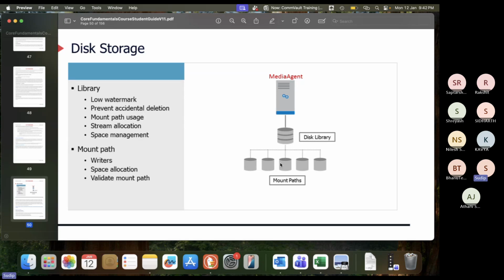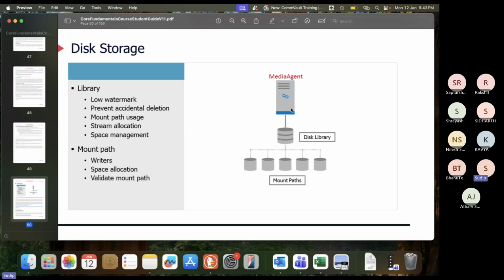In disks, there are many types that you can attach. You can attach over Fibre Channel, FCP or SAN. You can attach over iSCSI. You can attach the disk as DAS, direct attached storage. You can attach over NFS exports if the media agent is non-Windows, and over SMB or CIFS if the media agent is a Windows machine.